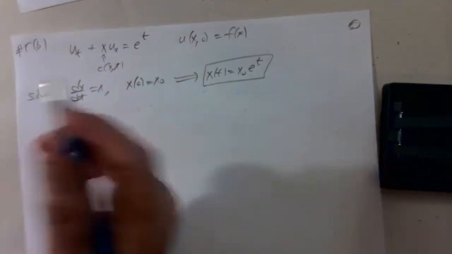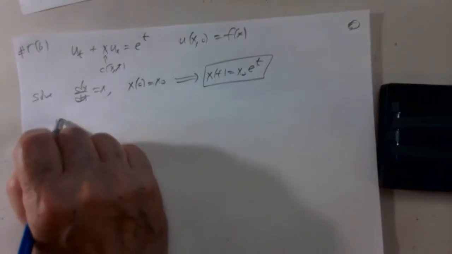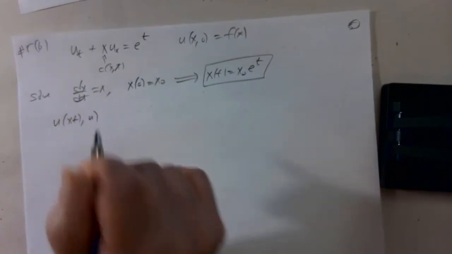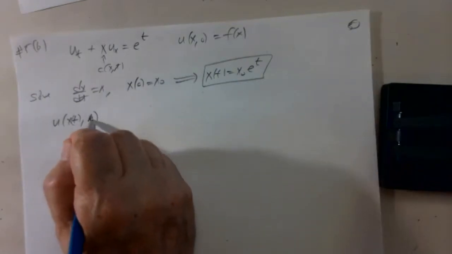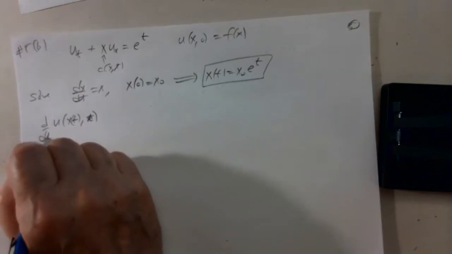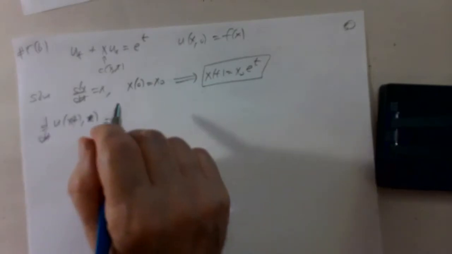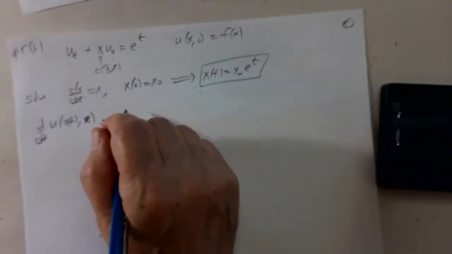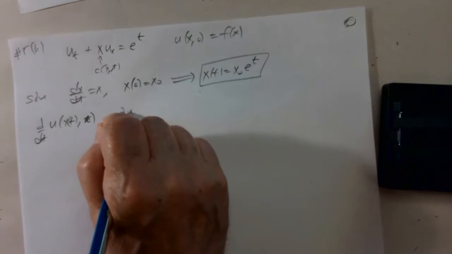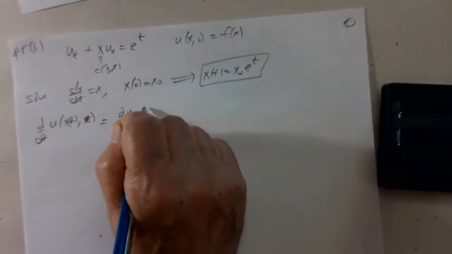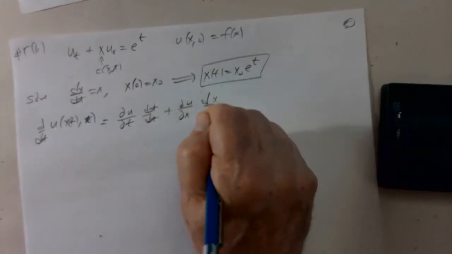And we can check. Well, then maybe I'll just do it. So if I look at the solution of the differential equation defined on this curve, x of t comma t, and I differentiate this with respect to t, I get the partial of u with respect to t, dt/dt, plus the partial of u with respect to x, dx/dt.